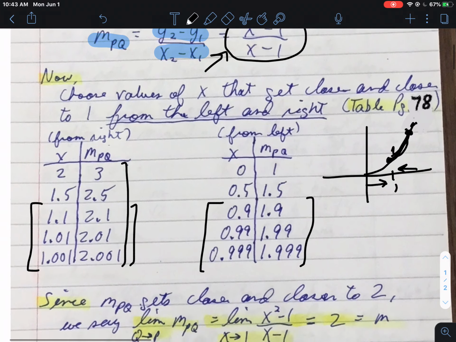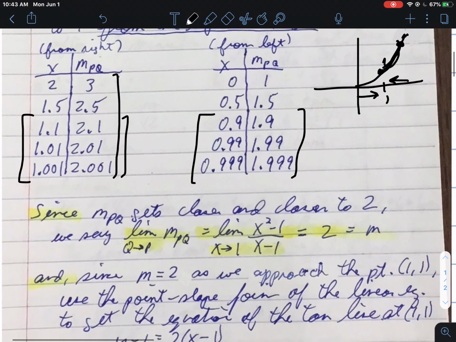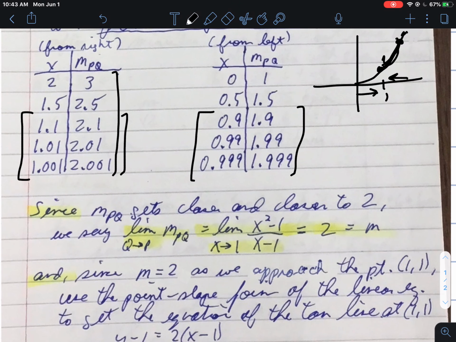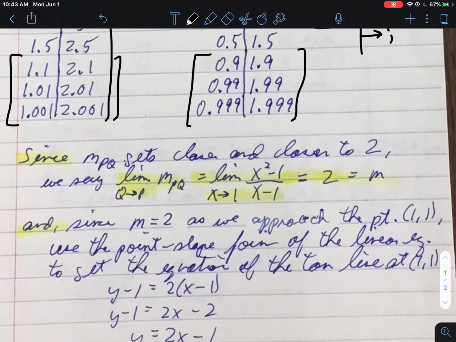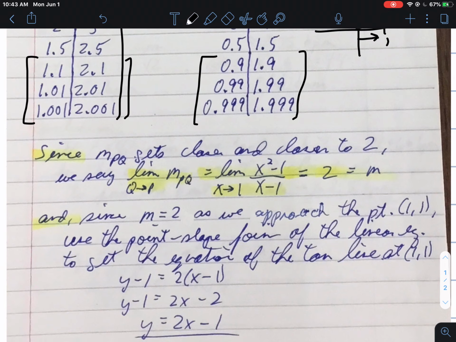So here's an observation, and this is exactly that. It's an observation about the behavior of the slopes of the secant lines as the x coordinates of point Q are getting closer and closer to 1. So since m sub PQ, the slope of the secant line, gets closer and closer to 2, then we can say the limit as Q approaches P of m sub PQ, which could also be said as the limit as x approaches 1 of our function (x squared minus 1) over (x minus 1), that was our slope formula, is equal to 2.